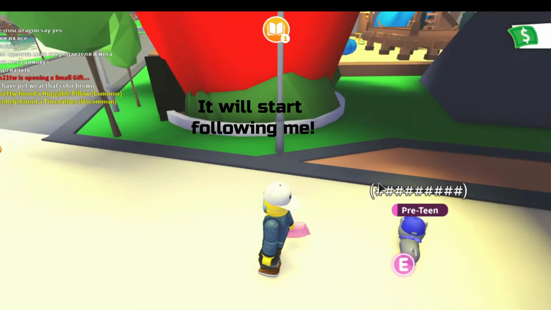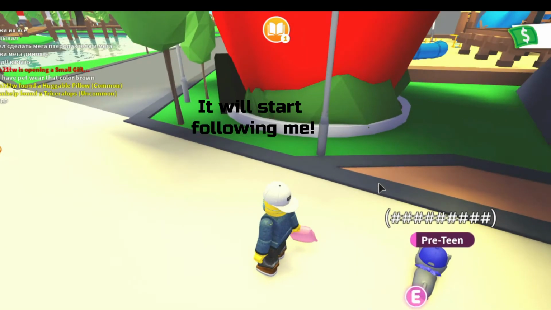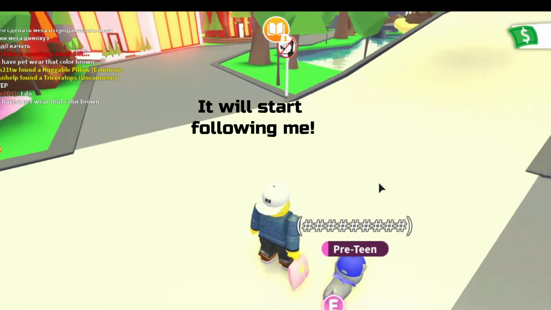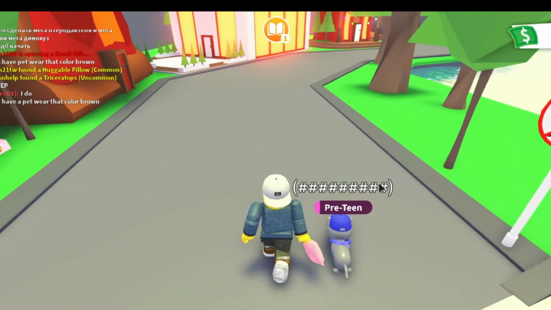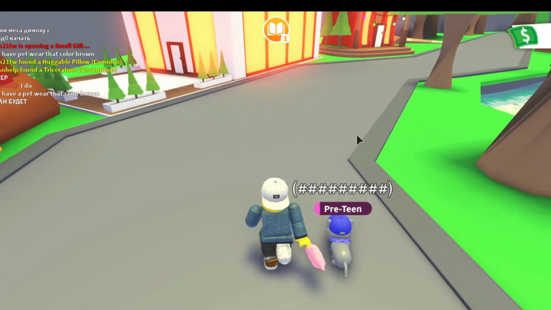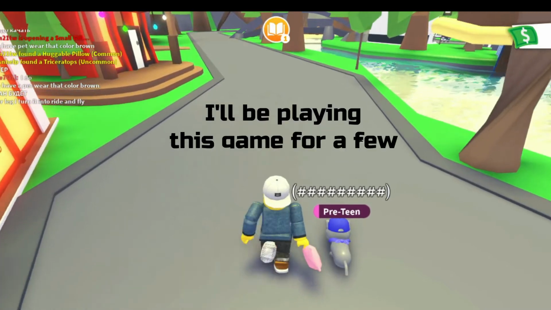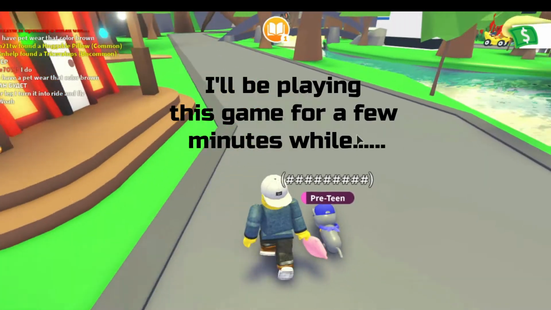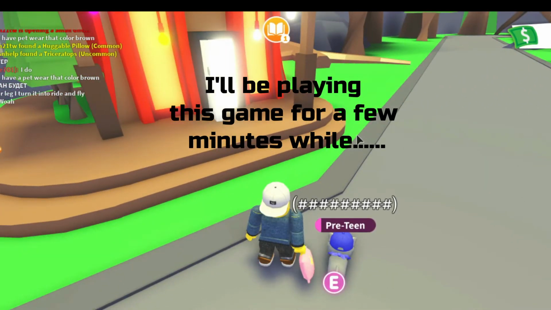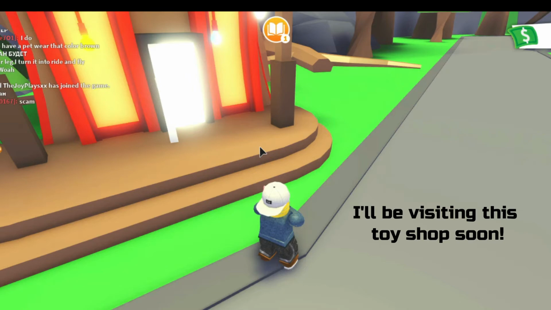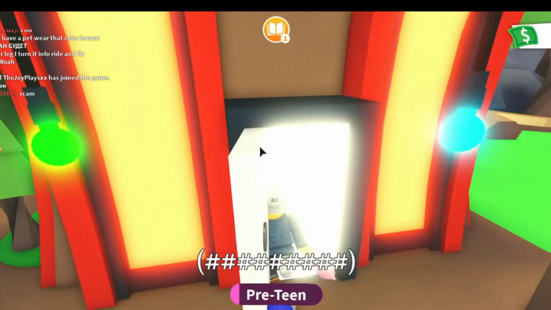It will start following me. Have a look around the village to see what is happening around and what other things are going to be interesting.